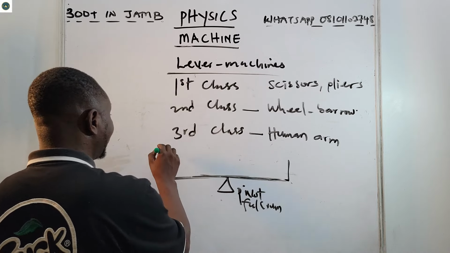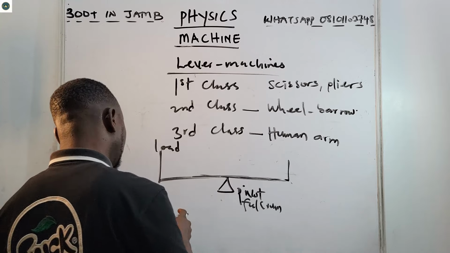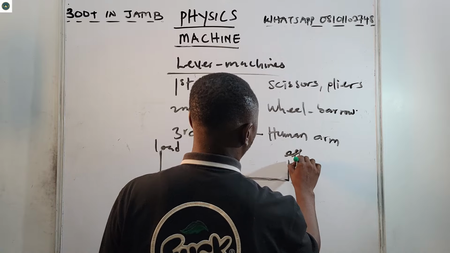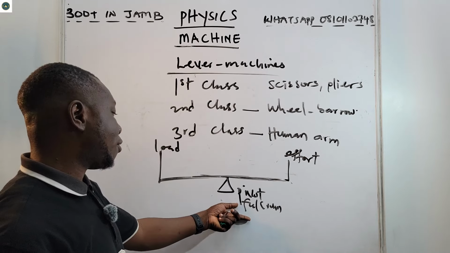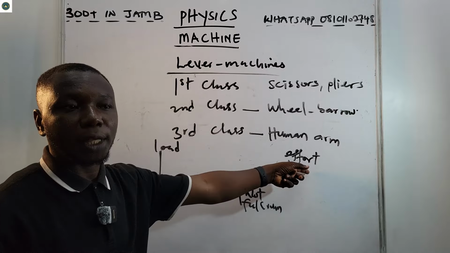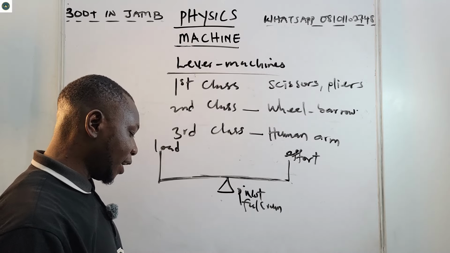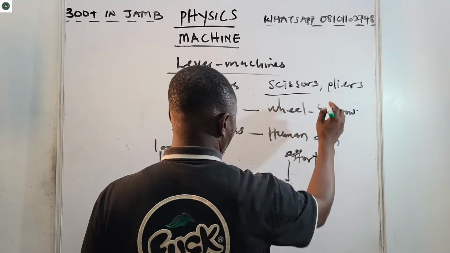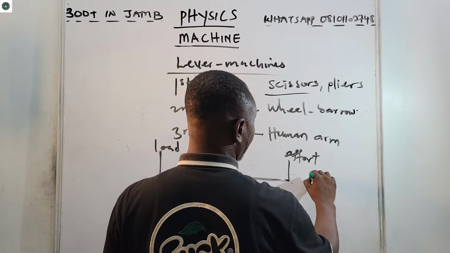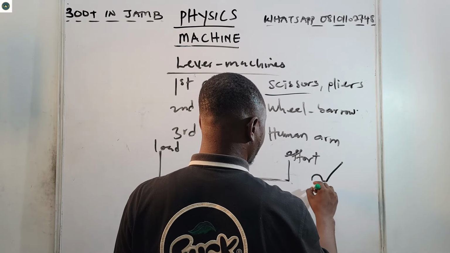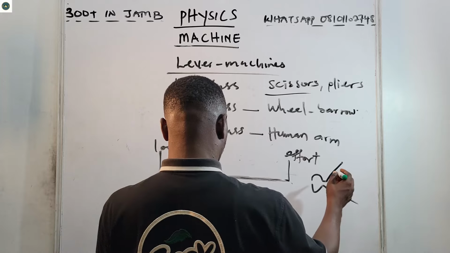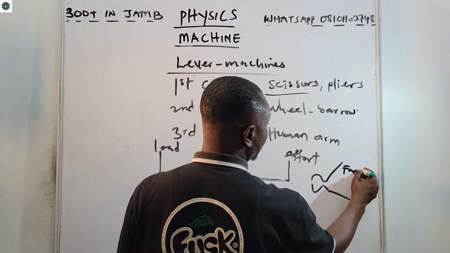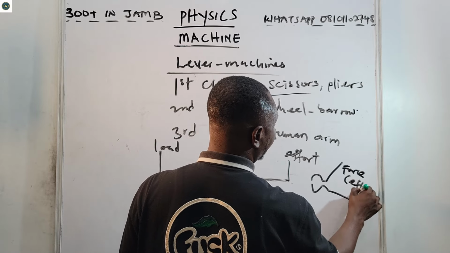So we have the load and the effort. For first class, the pivot is between the load and the effort. So a very good example is your scissors. Let's have a sketch. Let's say we have scissors, for example. So here you apply force. Remember, force is the same thing as effort.